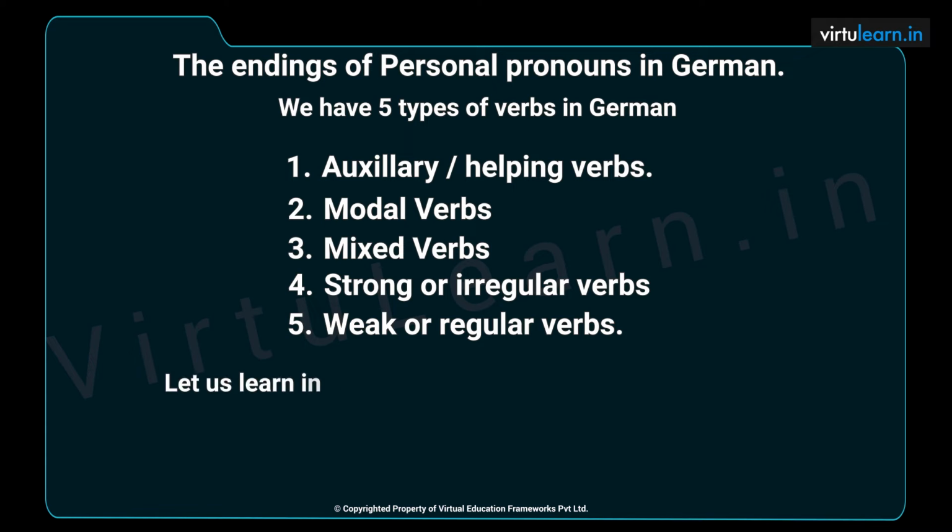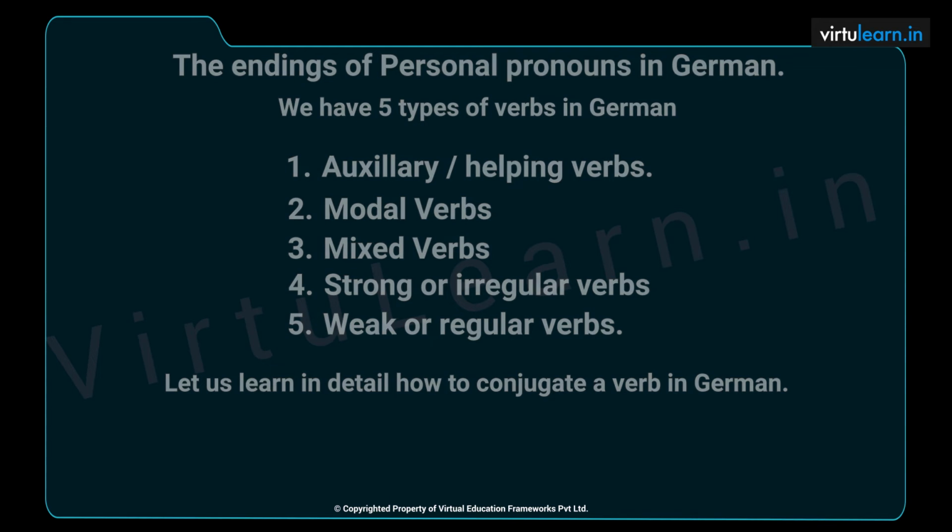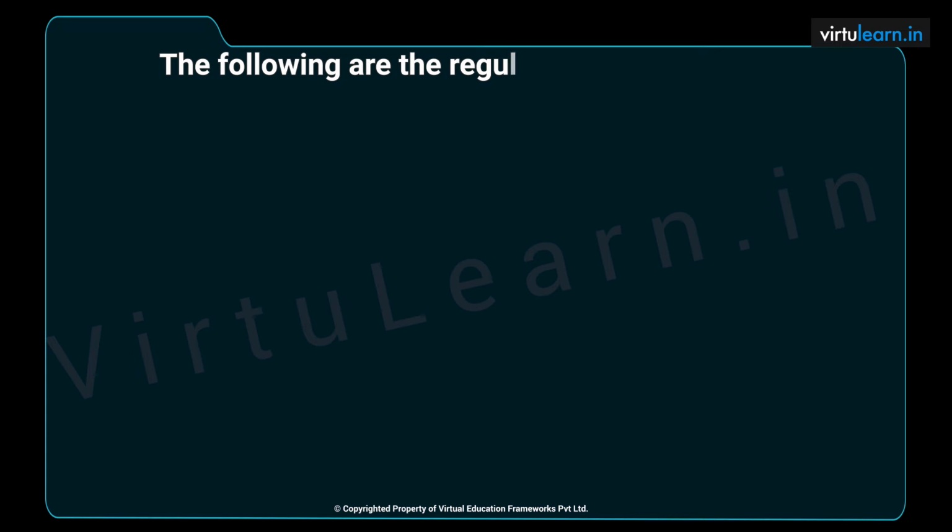Let us learn in detail how to conjugate a verb in German. The following verb is a regular verb and we follow the conjugation of this verb kommen. Kommen means to come. If you look at this verb kommen, K-O-M-M-E-N, the verb ends with en.